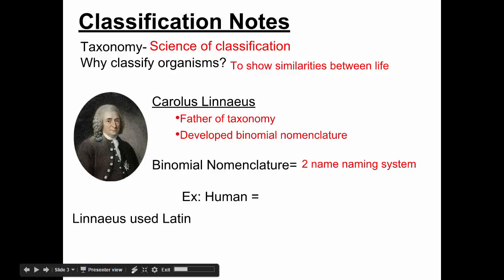Humans' scientific name, binomial name, is Homo sapiens. It means knowing man. And so every species has a scientific name.